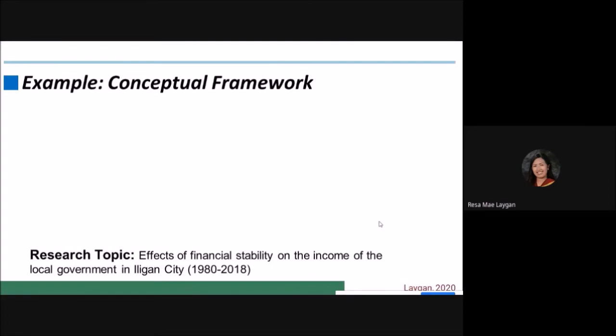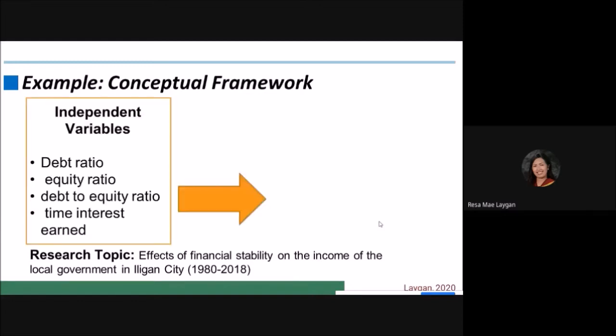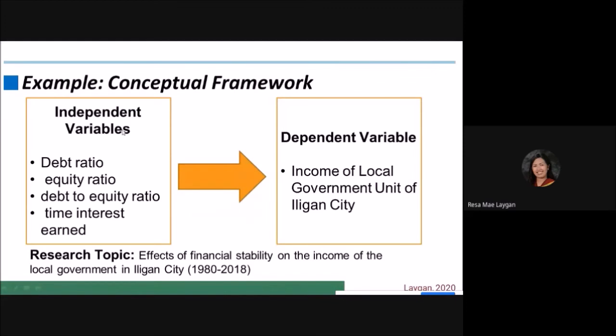I have here the example of my conceptual framework, and the research topic is about the effects of financial stability on the income of the local government in Iligan City from year 1980 to 2018. So here is my conceptual framework. I have here my independent variables and my dependent variables.